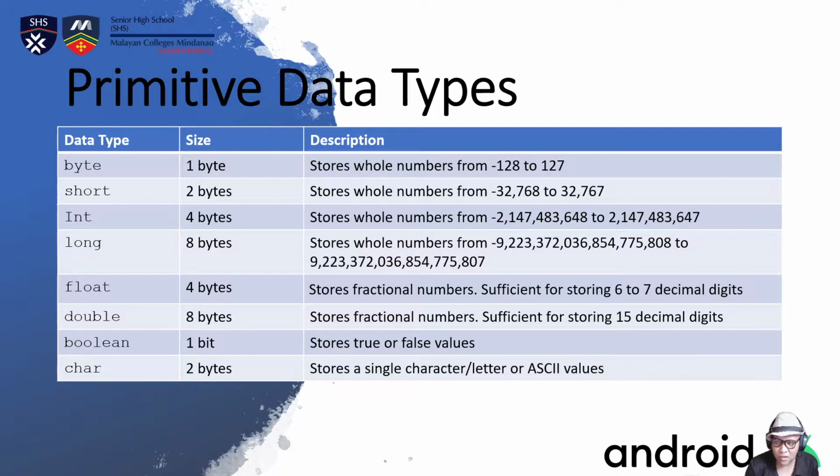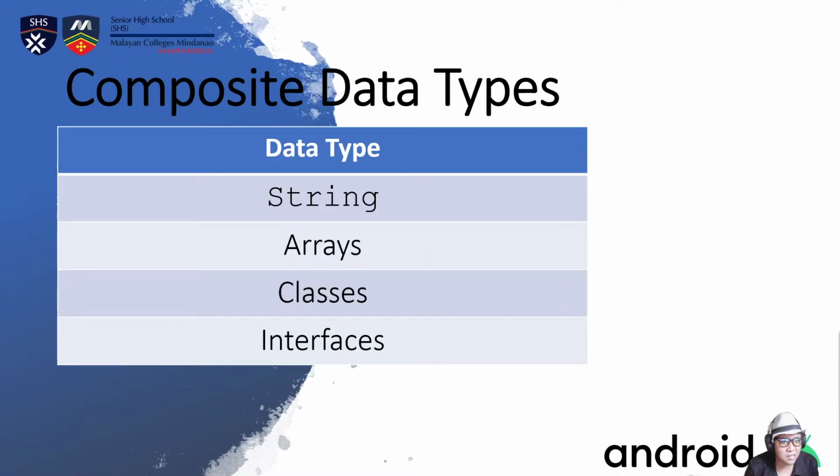So now, moving on to our next one, the composite data types. Again, composite data types are data types that make use of other primitive data types in creating various data. Now with string, string is a special case because it is commonly used.